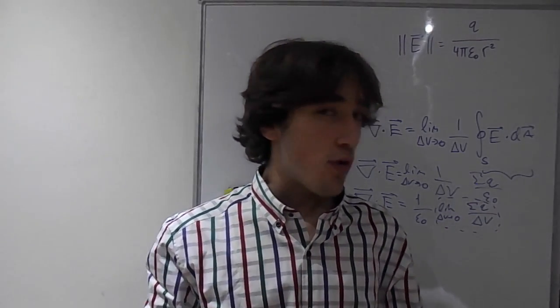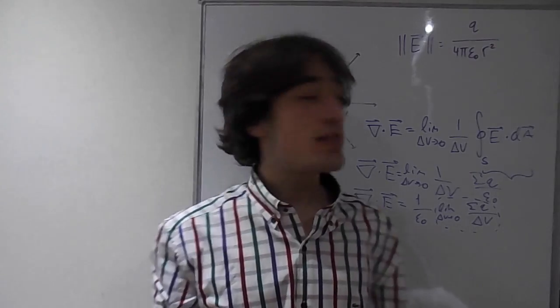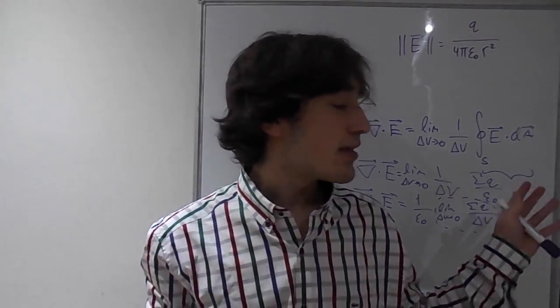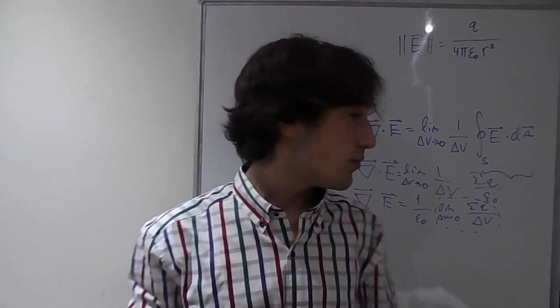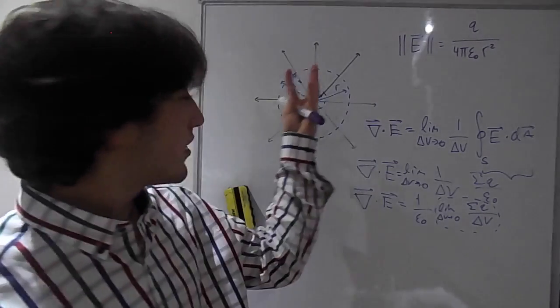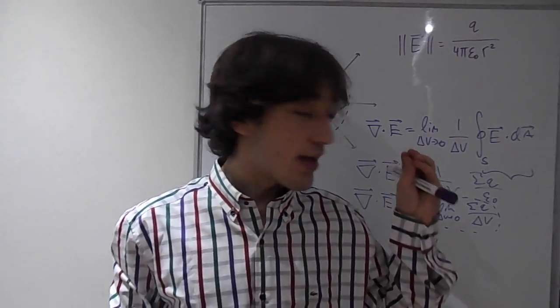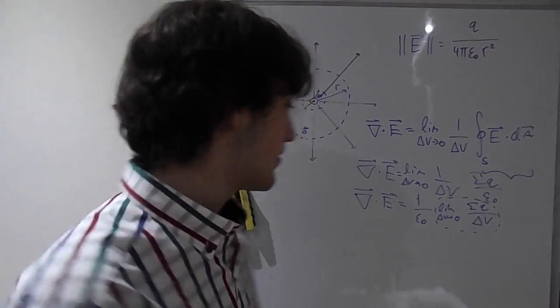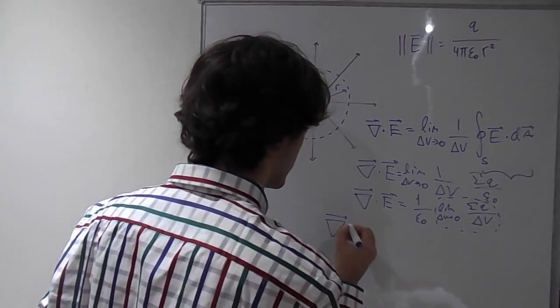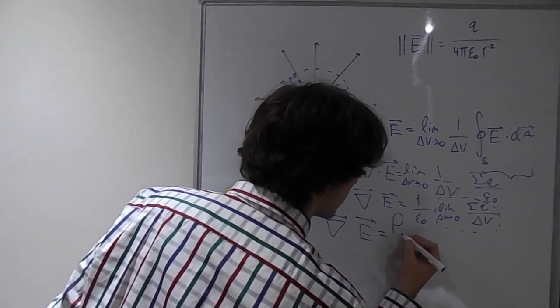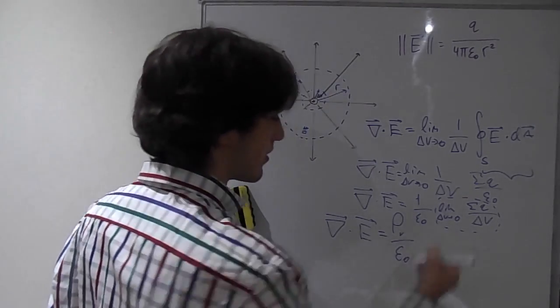So you know how mass divided by volume is density? Very, very analogous to that. We define the charge divided by the volume, as the volume of the sphere gets smaller and smaller and smaller, and that's given the name of charge density. And just like normal density, we use a rho, the Greek letter rho, but we put a subscript v, and that divided by epsilon naught.